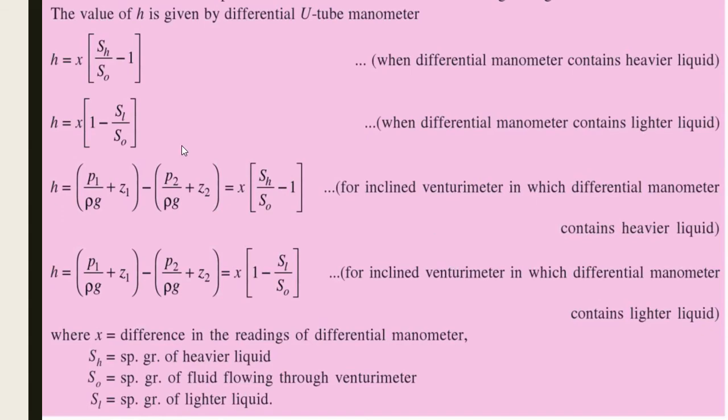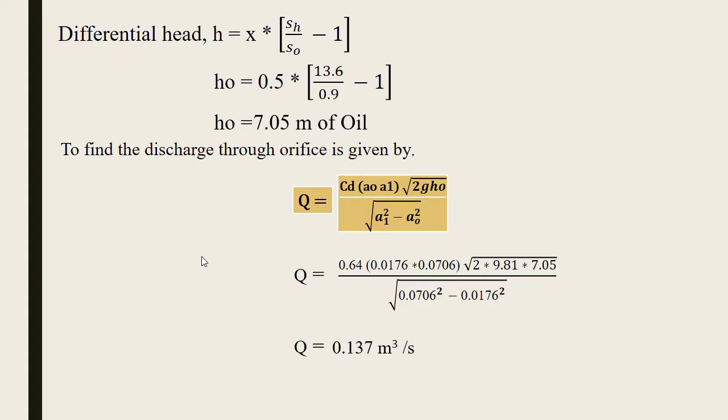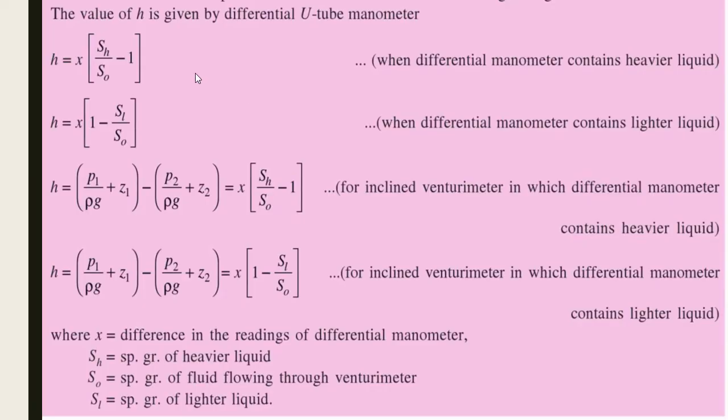In most of the problems you will be thinking, what is the formula I should use to calculate the H? To calculate the H, sometimes I will make use of this formula. All four formulas that are given are used in different circumstances.